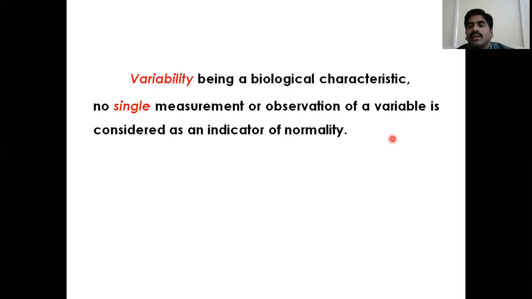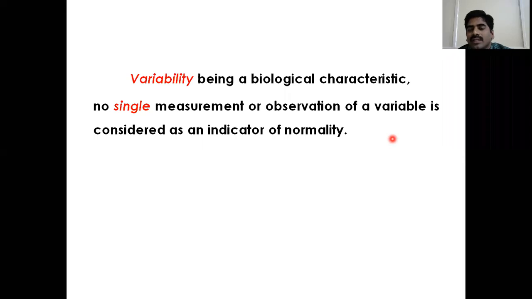For example, you can take hemoglobin and calculate the mean hemoglobin for that sample. For example, mean hemoglobin is 14. We have a single value. Consider we have taken 1,000 samples, and the 1,000 samples' mean hemoglobin value is 14. We cannot say that 14 is the normal value.